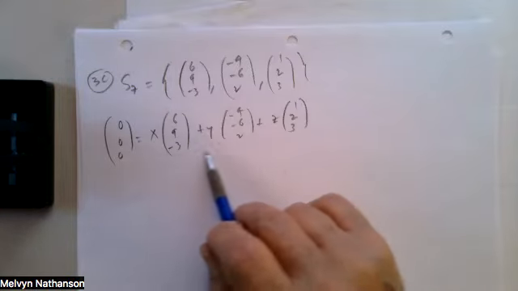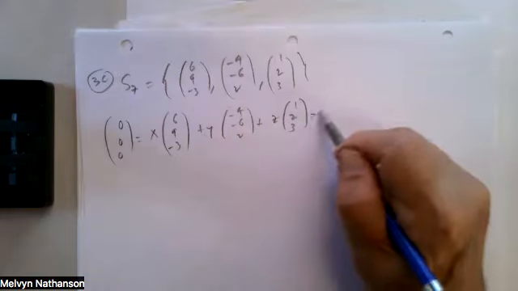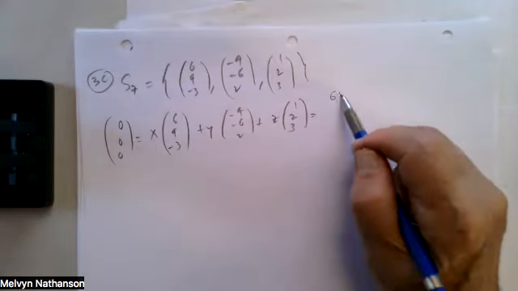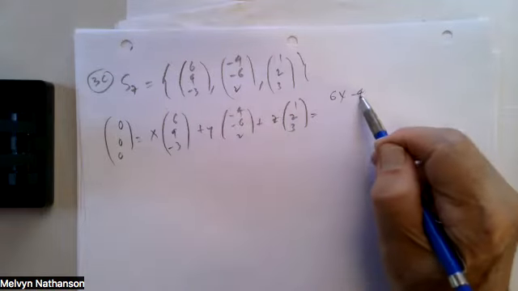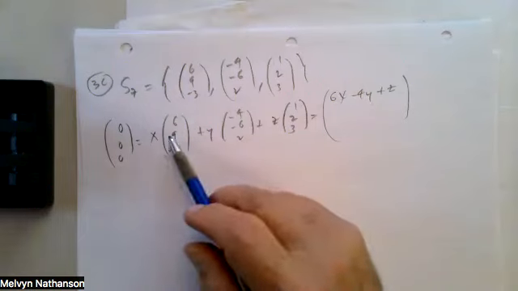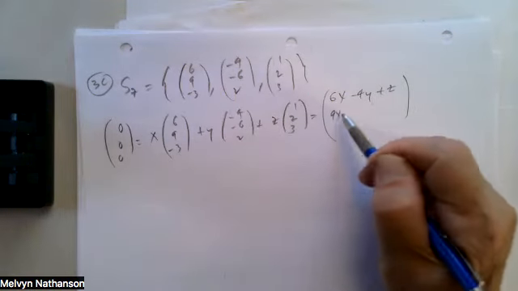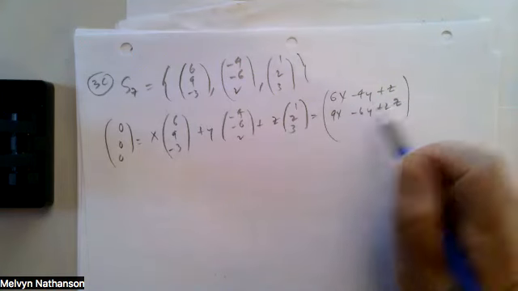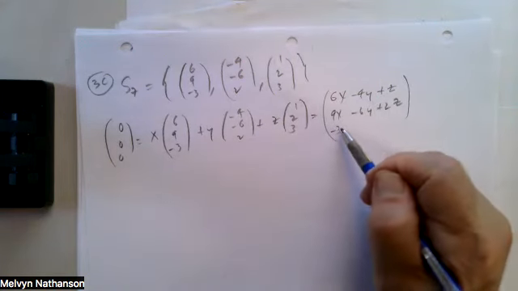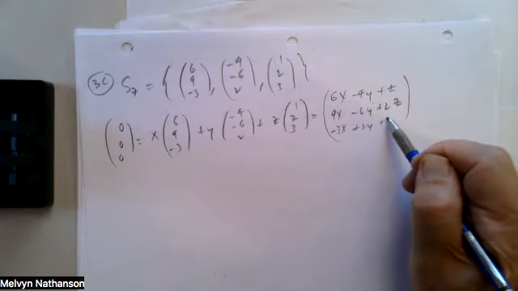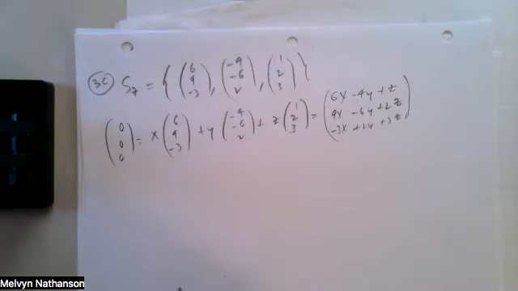When you compute this linear combination of vectors, you get the vector whose first coordinate is 6x minus 4y plus z, then 9x minus 6y plus 2z, then minus 3x plus 2y plus 3z.